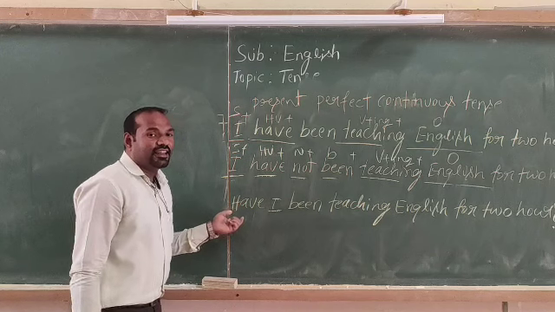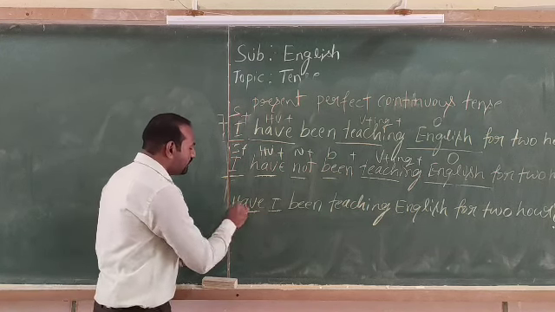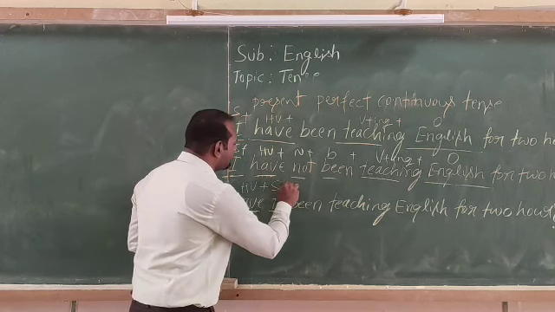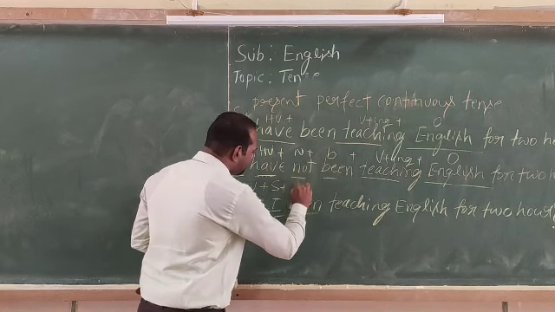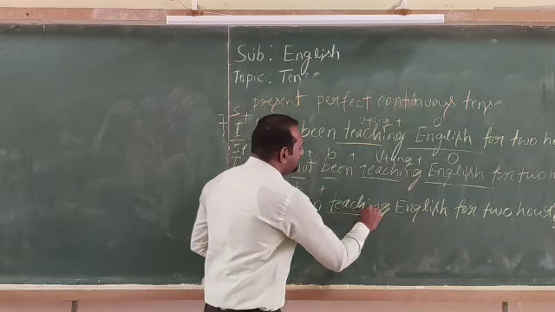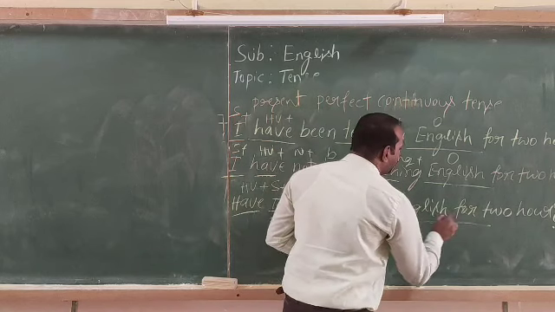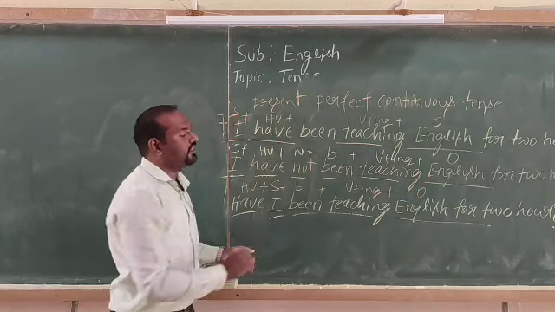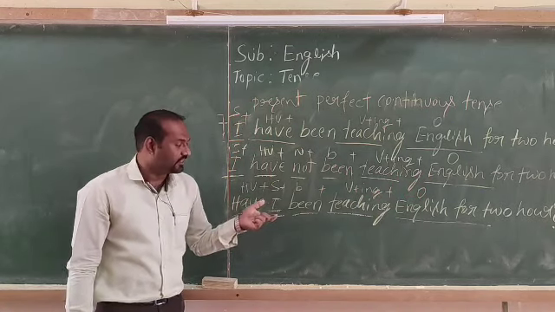This is the interrogative sentence, a yes or no type of sentence here. Have stands for the helping verb, I stands for the subject, and been stands for the perfect continuous tense. Teaching stands for verb plus ing and English for 2 hours stands for the object, and at the end of the sentence we put a question mark because it is a yes or no type of sentence.